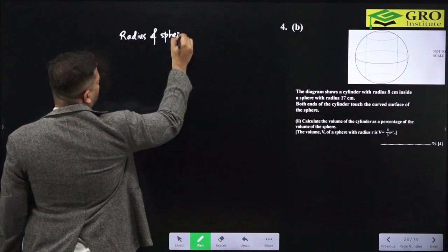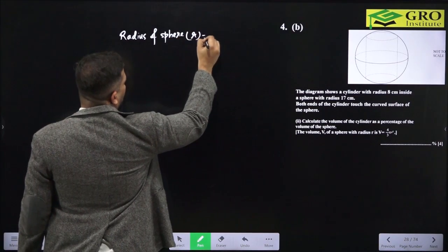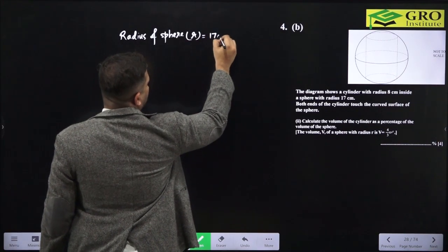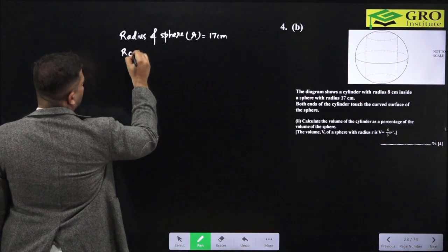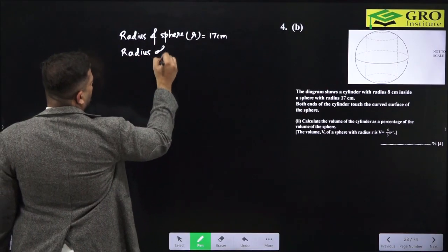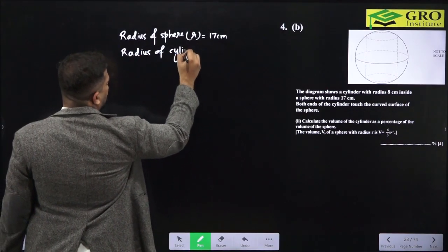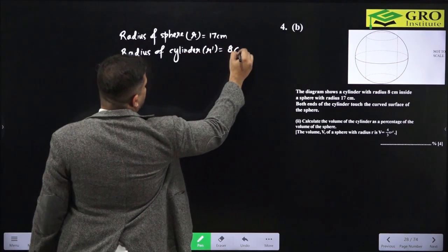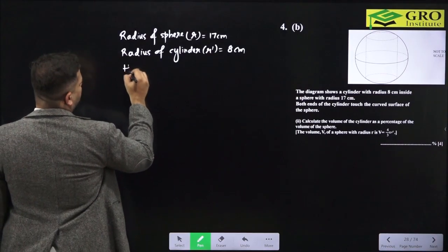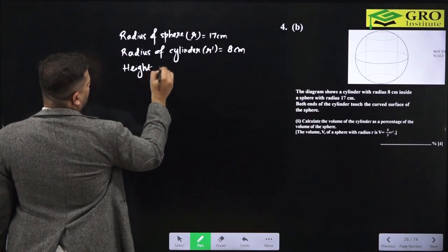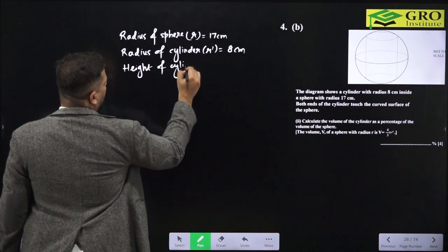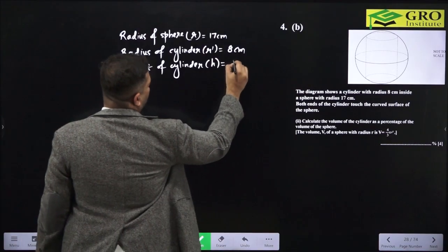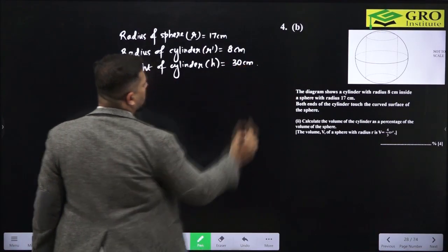Radius of a sphere, we will take it to be small r, and that is given to us as 17 centimeter. Then radius of cylinder, we will take it to be r dash, and it is given to us as 8 centimeter, and we just found out the height of cylinder, and the height of cylinder we will take as a small h. We just found it to be 30 centimeter, right?